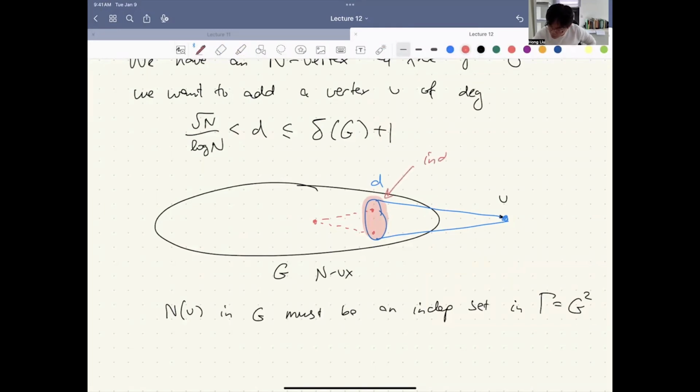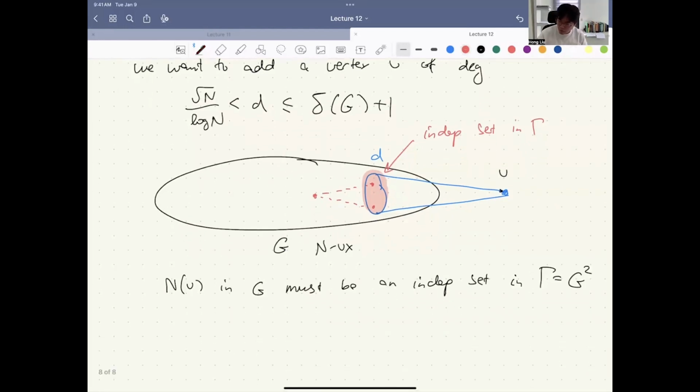So the number of extensions of adding V to G is the same as the number of independent sets in gamma of size D. Okay? Any questions so far?